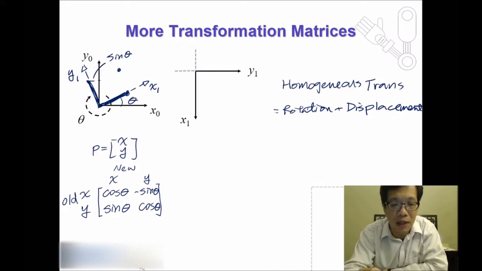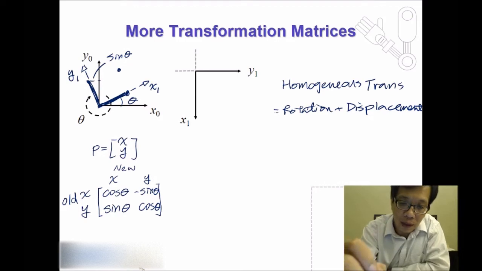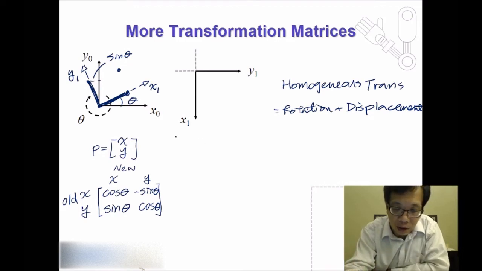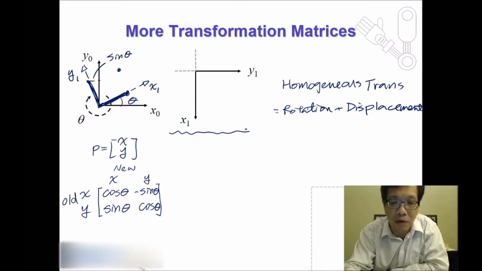Cosine and sine make it easy and straightforward to understand what's going on. But if you are rotating the coordinate system by a 90-degree angle, like the figure shown over here, then it is easier and more straightforward to generate the matrices directly.